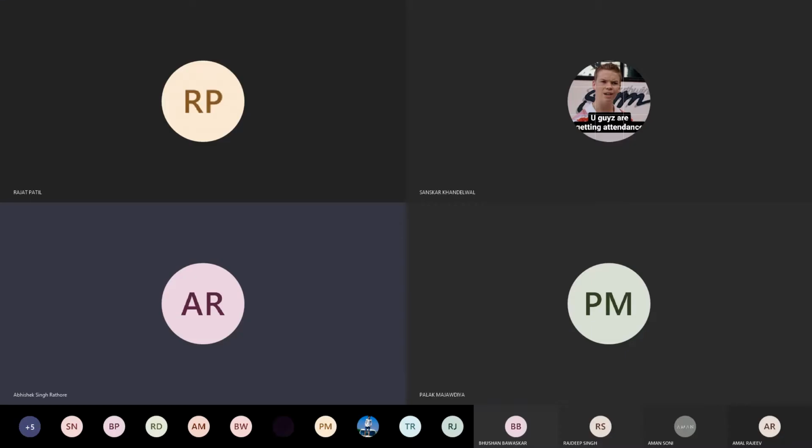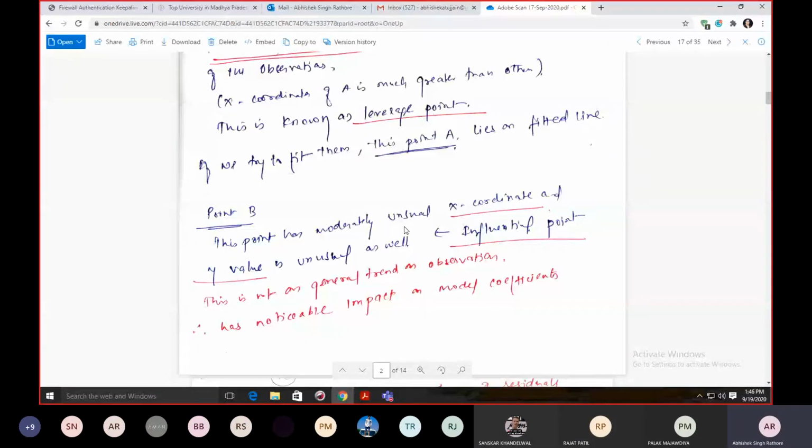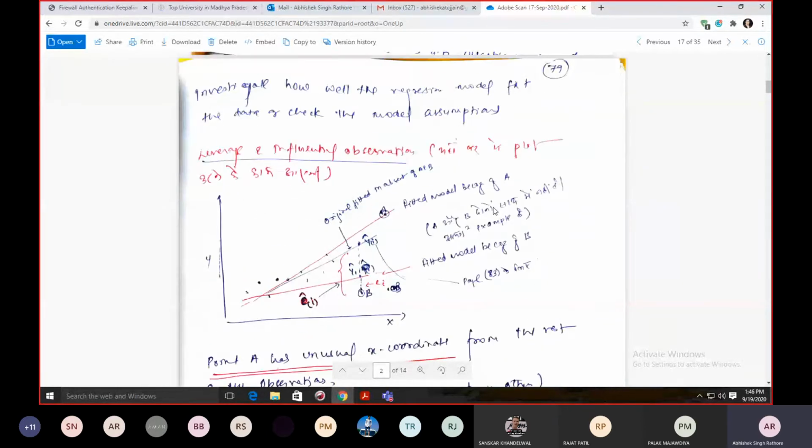So in the last class, we were checking some outliers that are available to us. So what are these outliers? These outliers are your leverage points and influential points. So what are the leverage points? These leverage points are those points which have an unusual x coordinate. And what are these influential points?